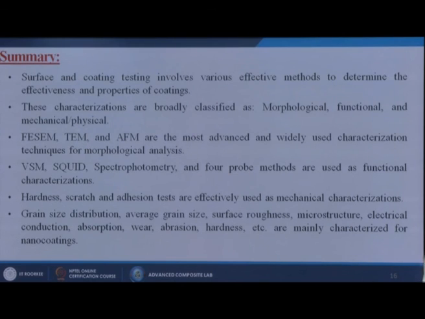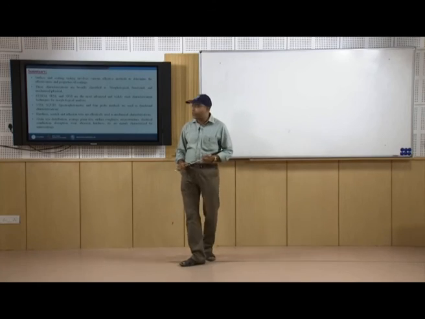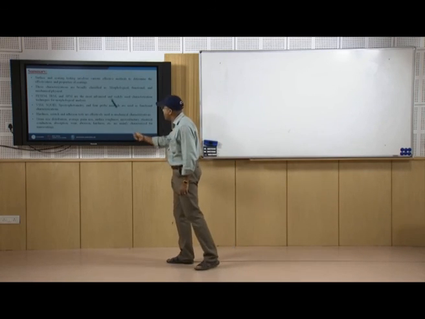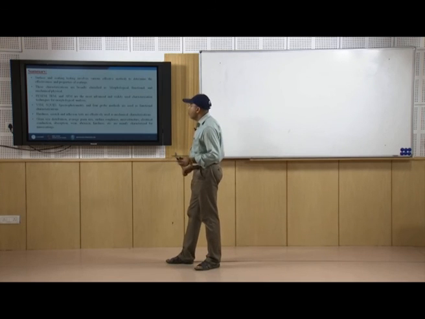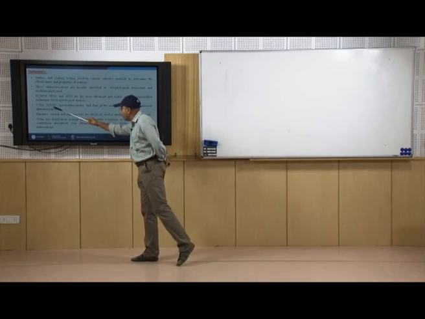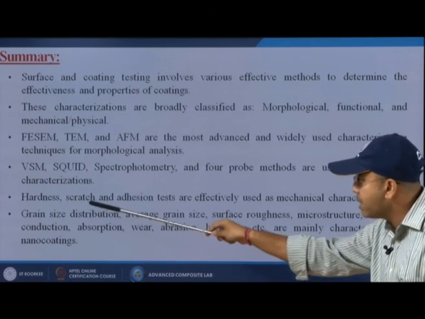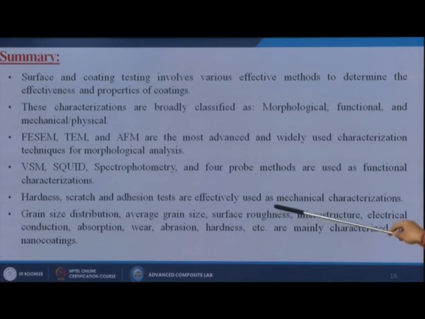We have discussed many types of testing: FESEM, TEM, and AFM are the most advanced, widely used characterization techniques for morphological analysis. We have discussed VSM, SQUID, spectrophotometry, and the 4-point probe method for functional characterization. We have discussed the hardness, scratch, and adhesion tests that are effectively used as mechanical characterizations.